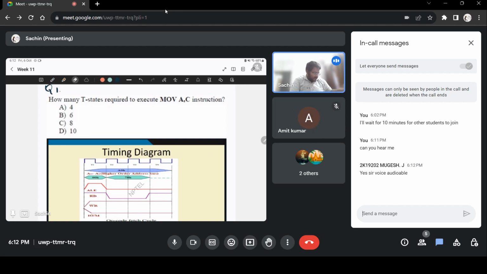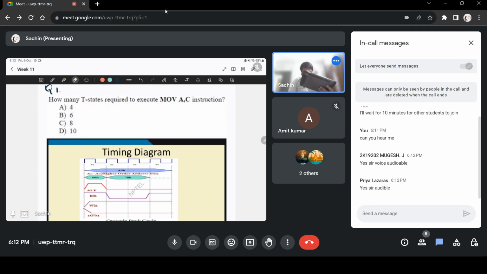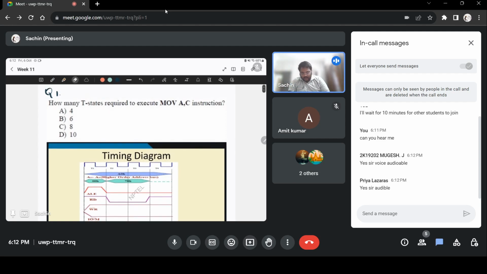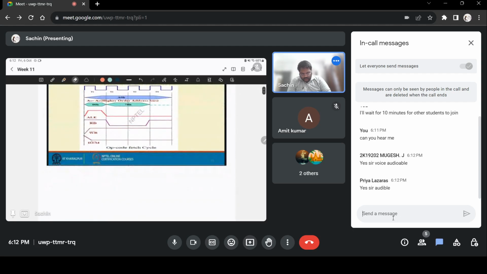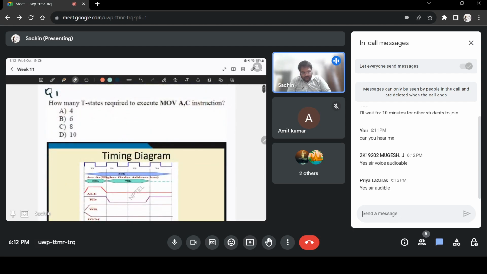Right. We'll start with the problem solving session for week 11 in the digital circuits course code EE115. There are 15 questions and I'll go through all 15 of them.